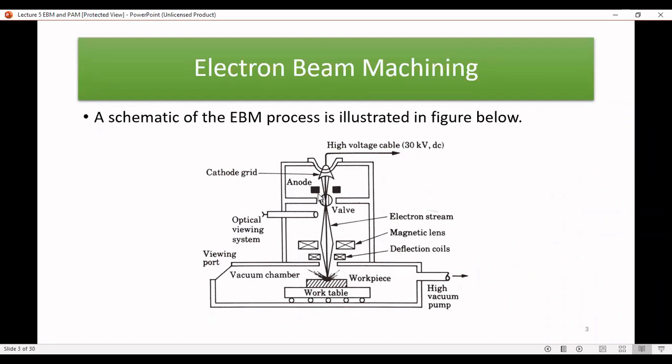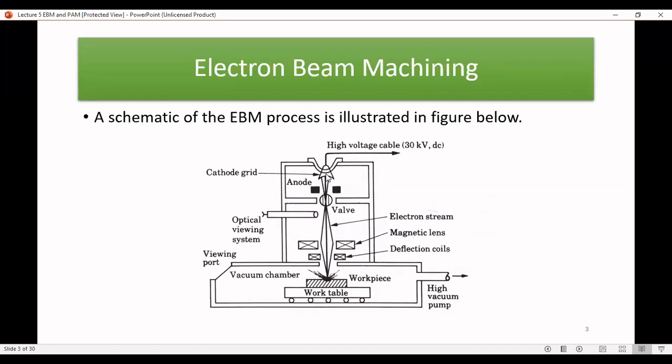You have a cathode over here and an anode over here. There are two ways of doing this: the anode can be here, or the anode can be on the workpiece. We're going to talk about that later. But in this schematic, we have a cathode and an anode, and if the voltage is high enough, then you can have electrons.